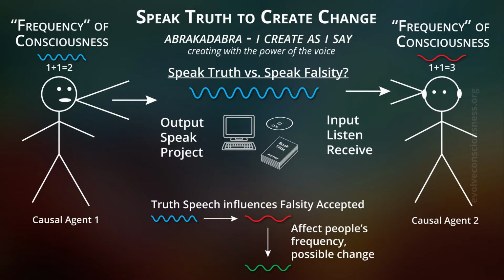So one person outputs, they output, speak, and project, and that can go out through their voice, it can go out through computer text or audio, even on a disc, and you can write a book, and all this conveys information where you're speaking. And whoever reads it and is influenced by it, it'll affect their life and it'll affect how they behave and how they act and create into the world.